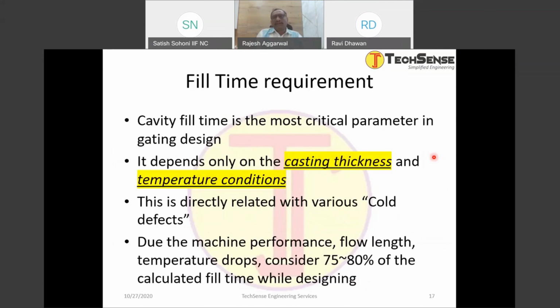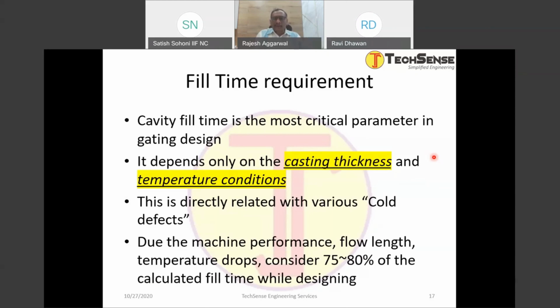What we are trying to understand here is that the cavity fill time is the most critical parameter in the gating design. As I just explained, it depends only on the casting thickness and temperature conditions. This also leads to a direct relation with the various cold defects. This we will elaborate further in the upcoming session.